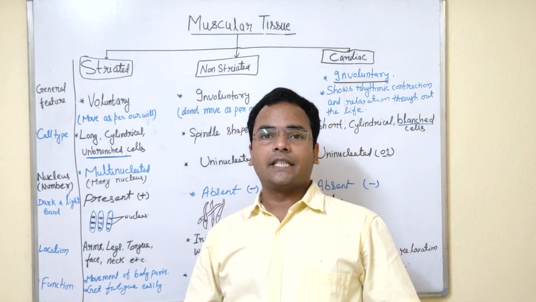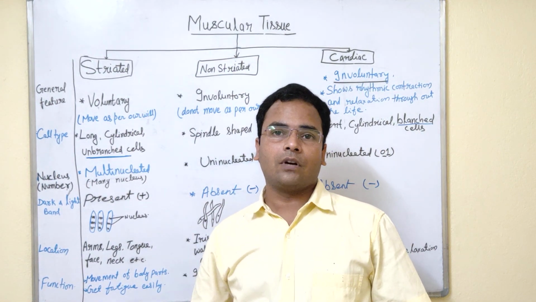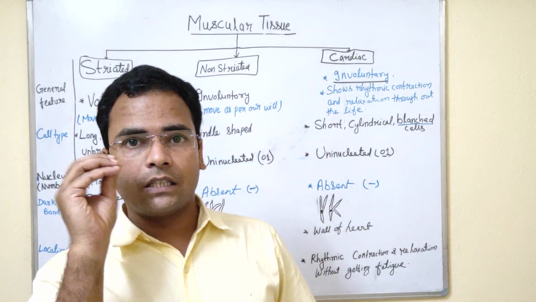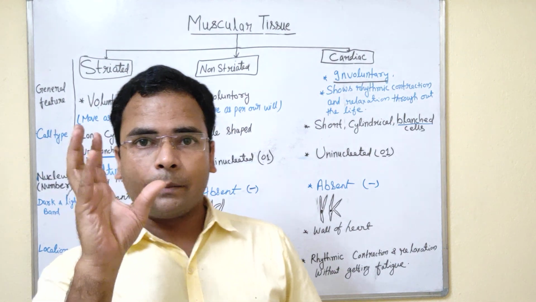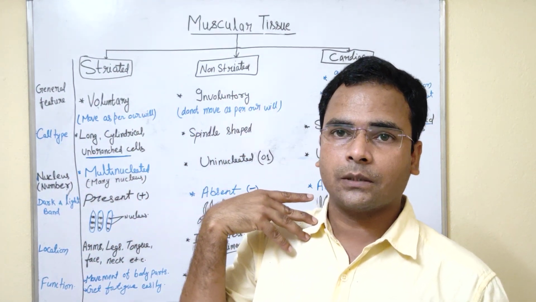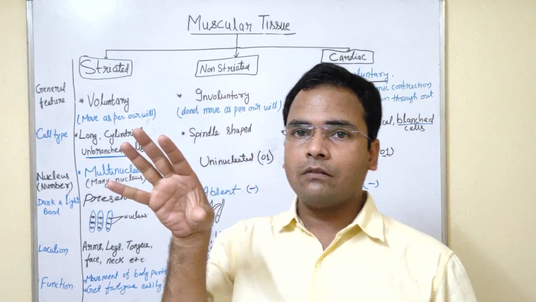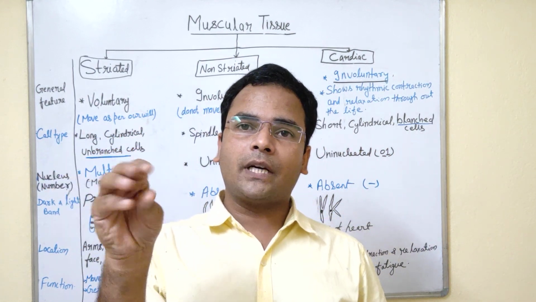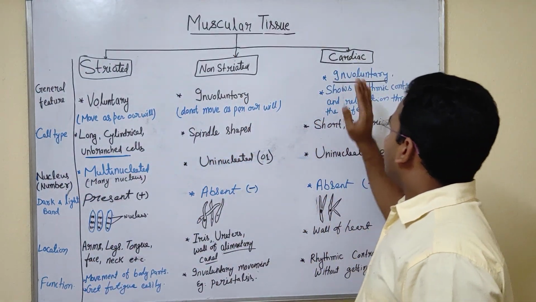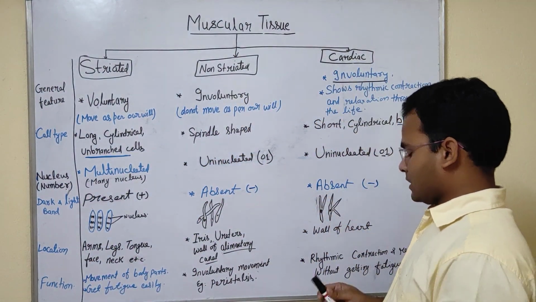So where the action is involuntary, the movement is involuntary. Like the iris, the size of the eye can change based on different factors. It is controlled by the autonomic nervous system. As soon as our body goes into that particular condition, automatically the movement will be there, whether we want it or not. The third one, cardiac muscle, is a special type.